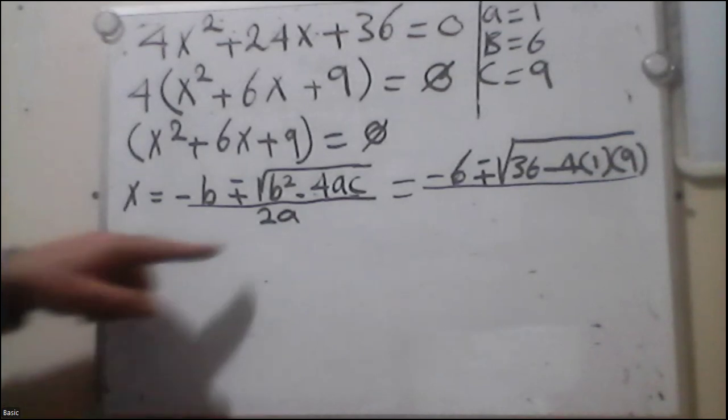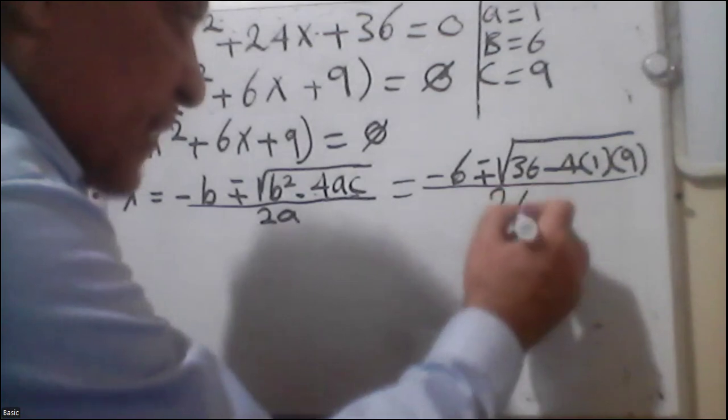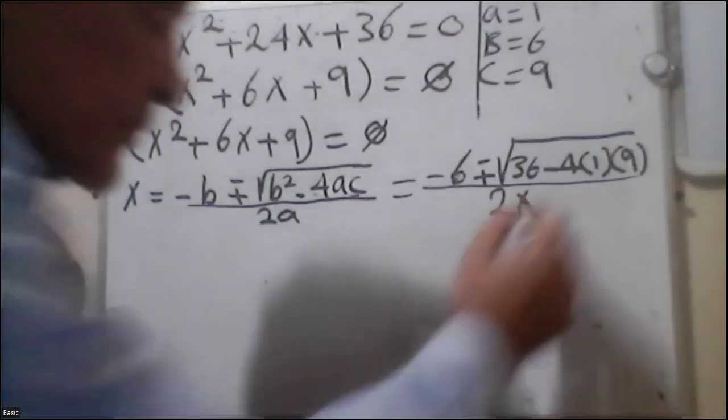And then divided by 2 times a, and a equals 1 here.